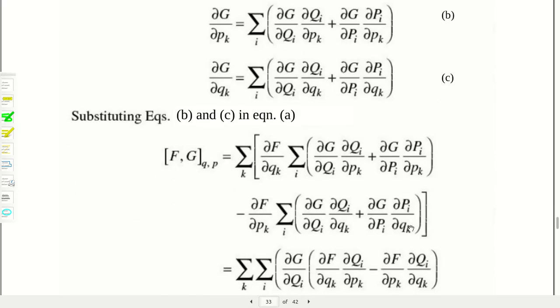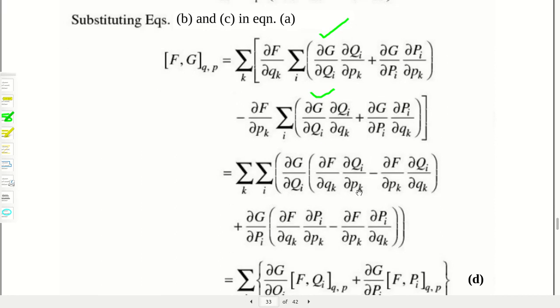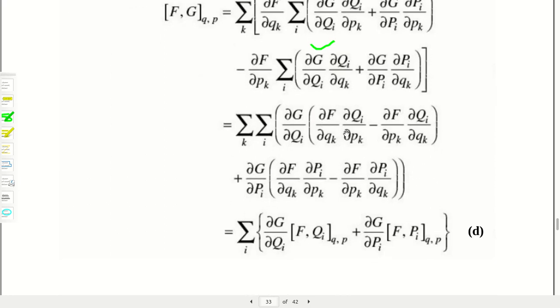This will assume a bigger form, but here you can see some common terms, say del g del Q_i is there, and in the latter half also del g del Q_i. So you can take del g del Q_i common, and this will give you these quantities. Now this is nothing but del f del q_k into del Q_i del p_k minus del f del p_k into del Q_i del q_k.